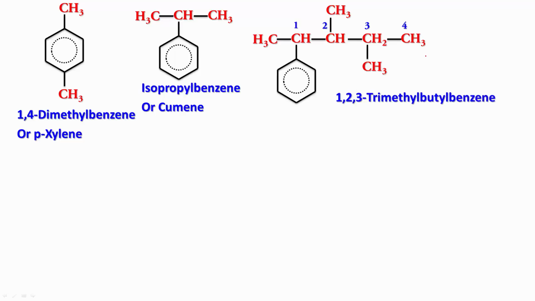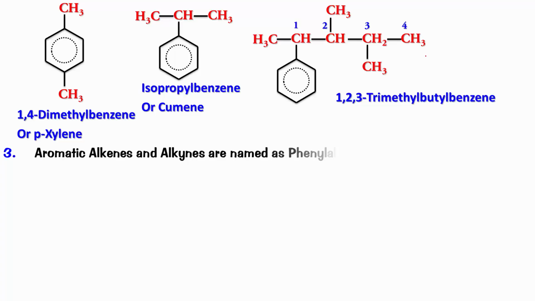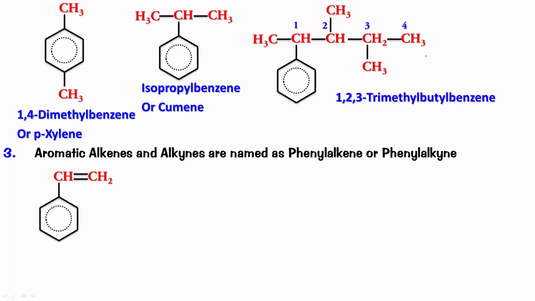And what happens if there are double bonds or triple bonds attached on the side chain? Then the benzene becomes a phenyl group. It becomes a substituent. Aromatic alkenes and alkynes are named as phenylalkene or phenylalkyne. Try this one. This is phenylethene, also known as styrene.